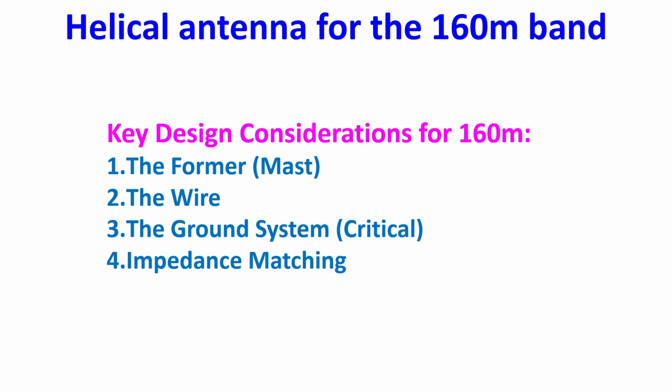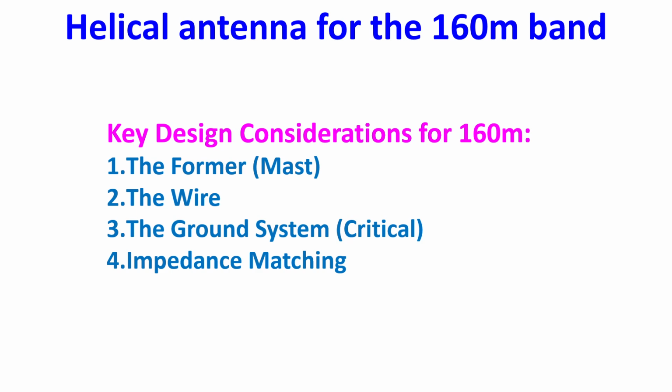Winding the wire as a continuous coil around a non-conductive mast essentially creates a continuously loaded vertical whip. This compresses the necessary electrical length into a physically manageable size, making it a highly practical homebrew project for constrained spaces.